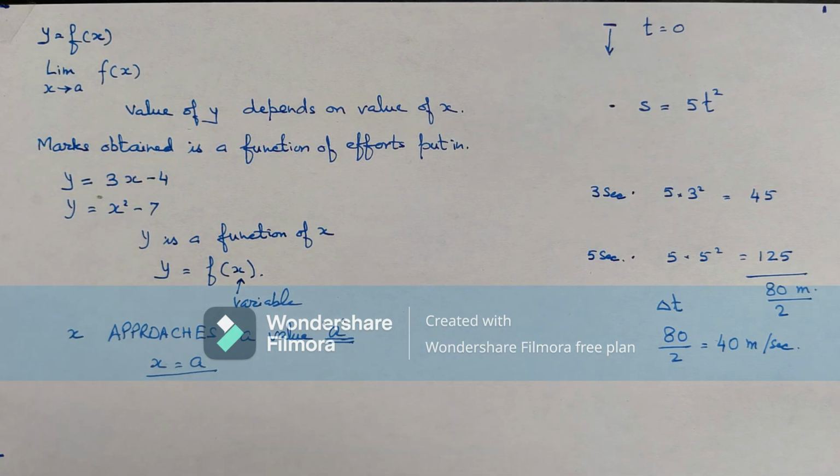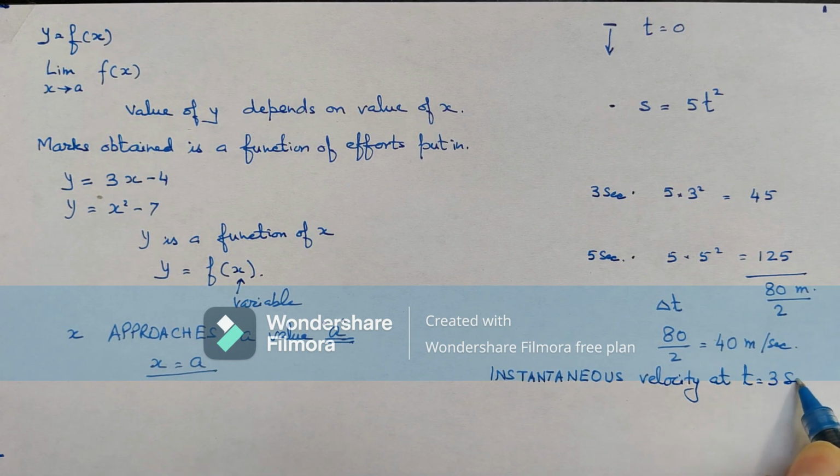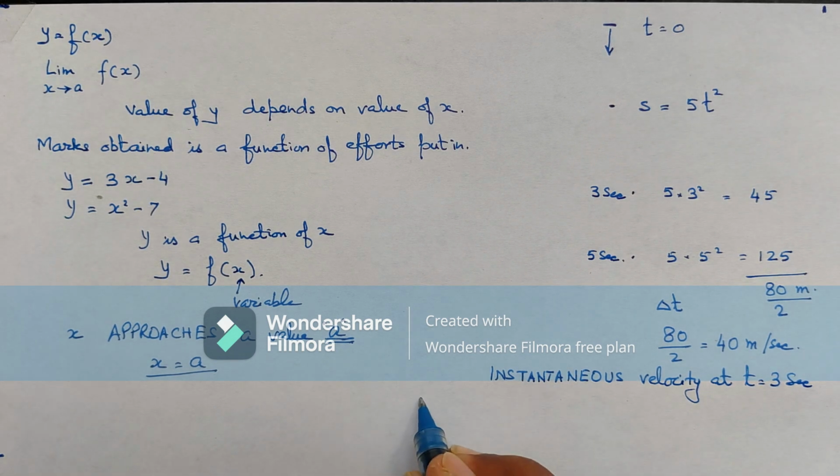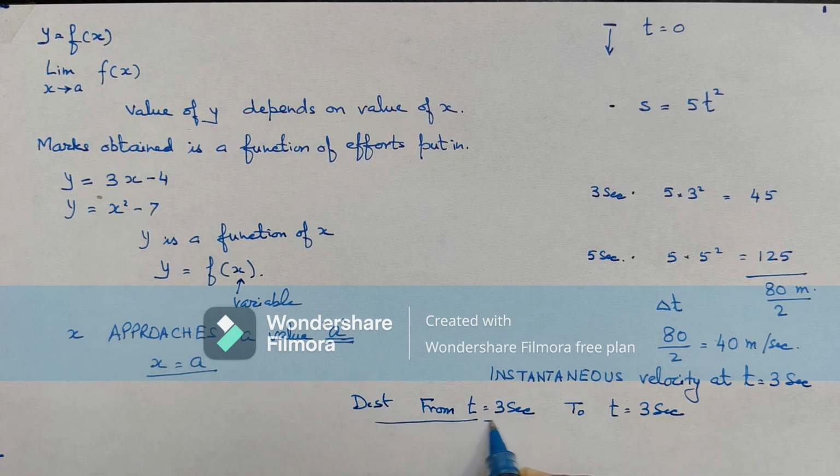What if I ask you to find the instantaneous velocity at t is equal to 3 seconds? Using the same example, can I say distance traveled from t is equal to 3 seconds to t is equal to 3 seconds, distance divided by time gap?